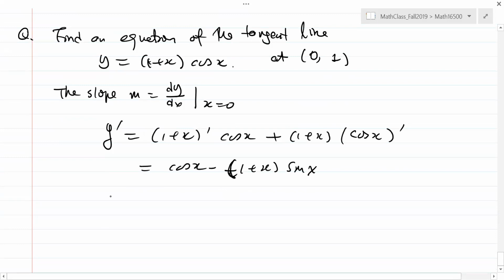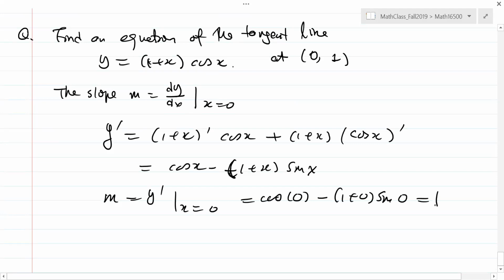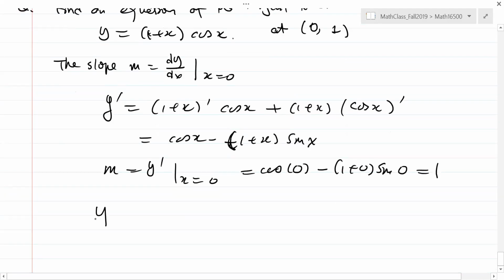Then you evaluate at 0. So you get cosine 0 minus 1 plus 0 sine 0. And that is going to be 1. Okay, so this is the slope of the tangent line. Then the equation is going to be y minus 1 equals 1 times x minus 0.